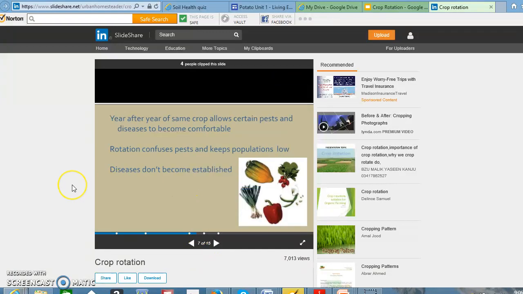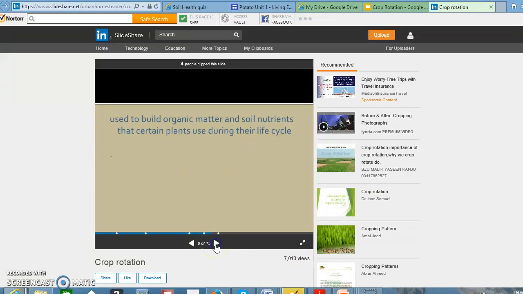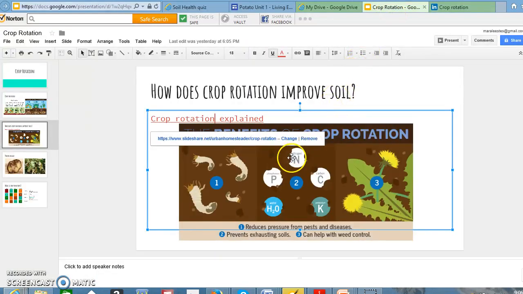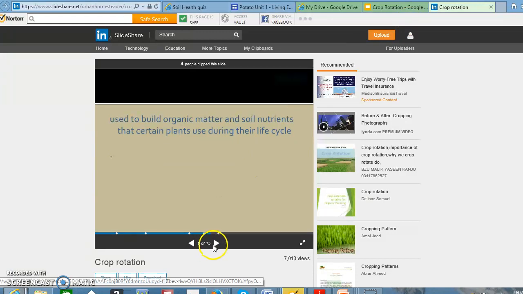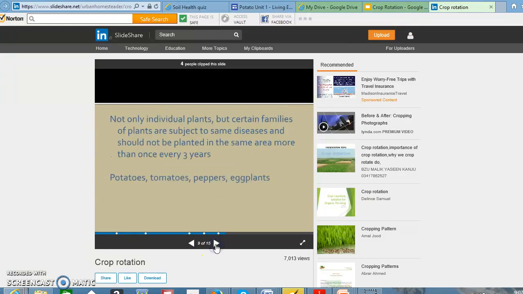So again, rotating crops confuses pests and keeps populations low, and diseases are not able to become established. It's important for building healthy soil, like I had mentioned before here as well. If we want to build healthy soil, we need to plant a different crop in the same place every year. That's why we say different families.